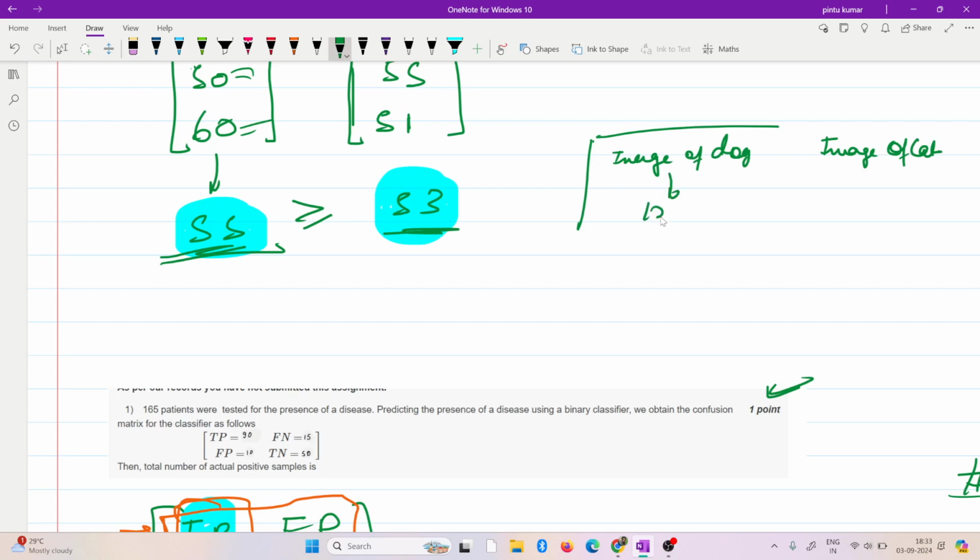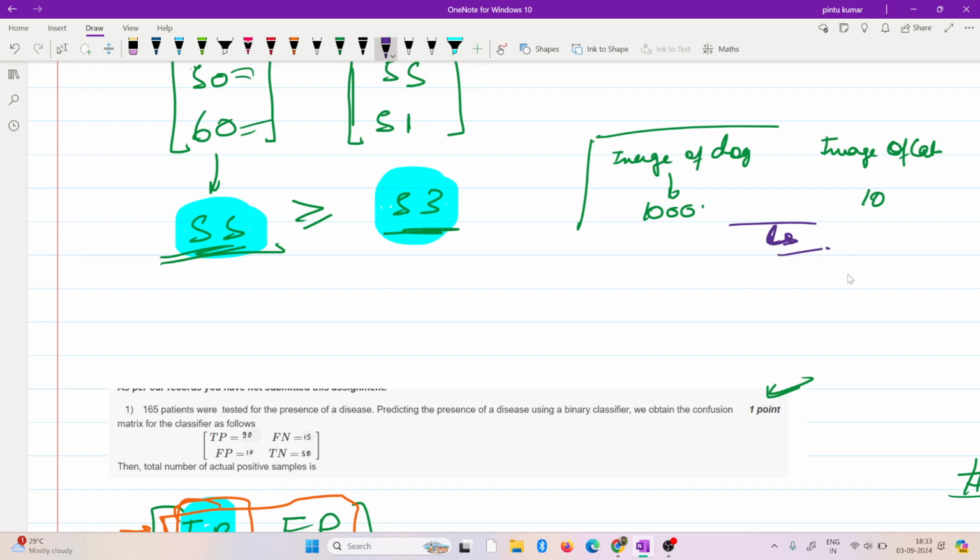Let's say you have 1,000 images of dogs and only 10 images of cats. Such data sets are called imbalanced data sets. When you have a large number of data points belonging to a certain class and a much lesser number of data points belonging to the other class, that kind of setup is called an imbalanced data set.